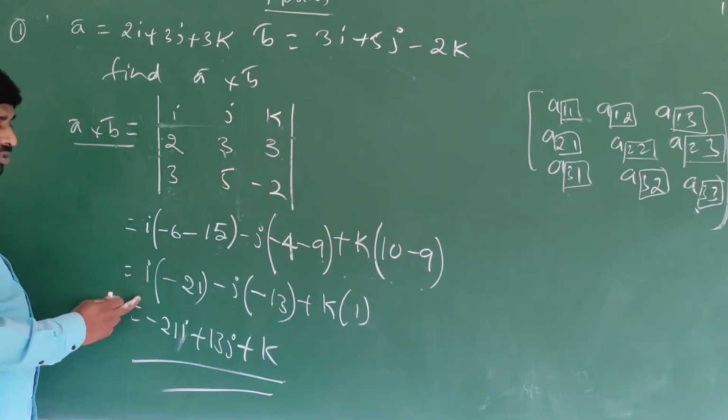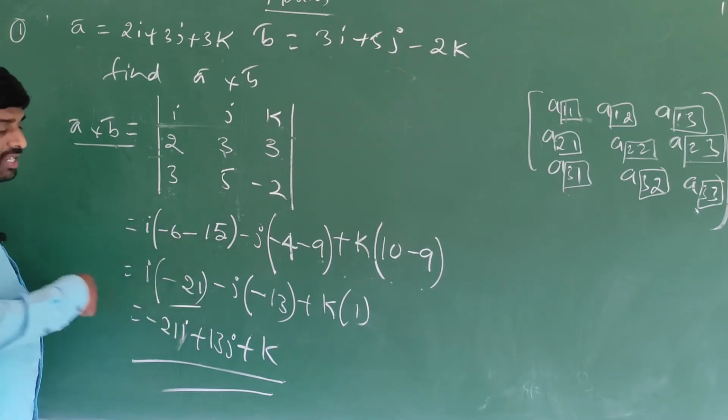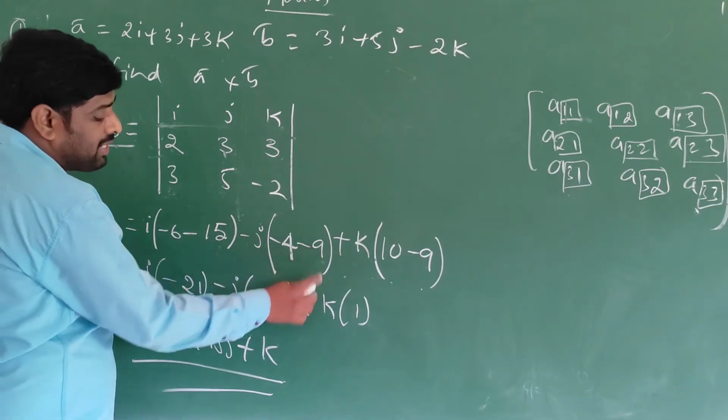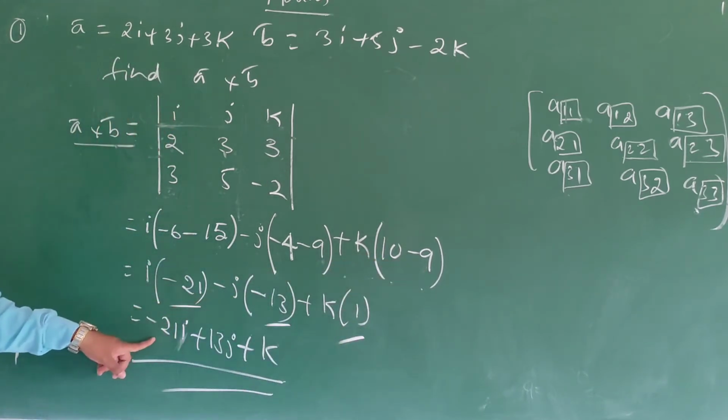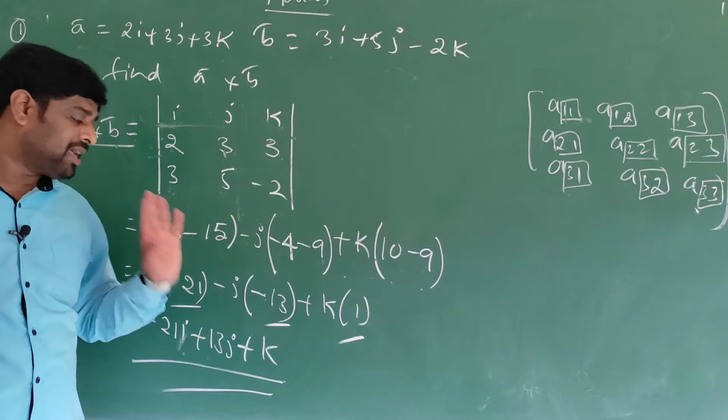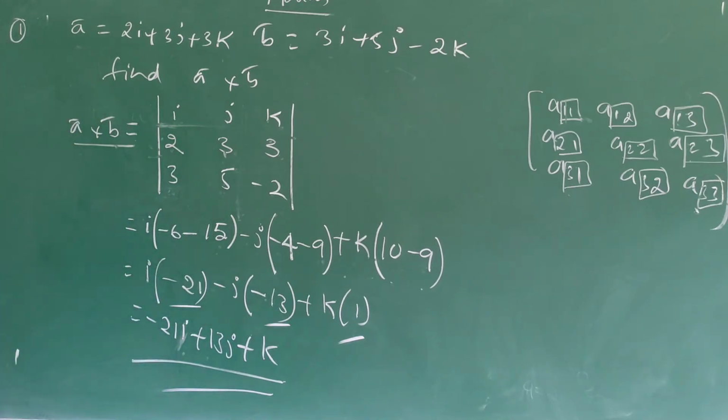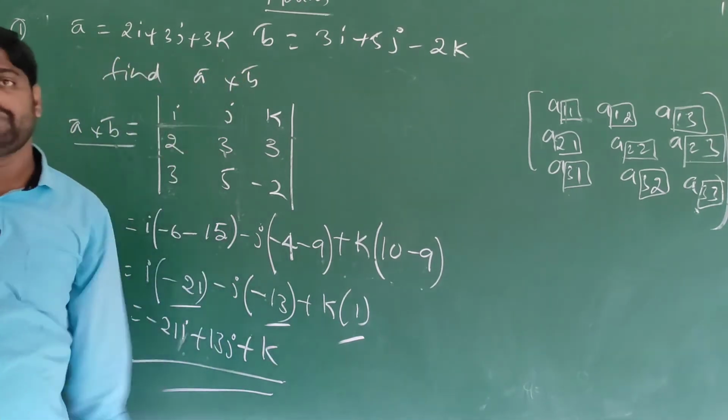That is i into minus 6 minus 15 is minus 21, minus 4 minus 9 is minus 13, 10 minus 9 is 1. That is minus 21i plus 13j plus k. Okay, so this is A bar cross B bar.